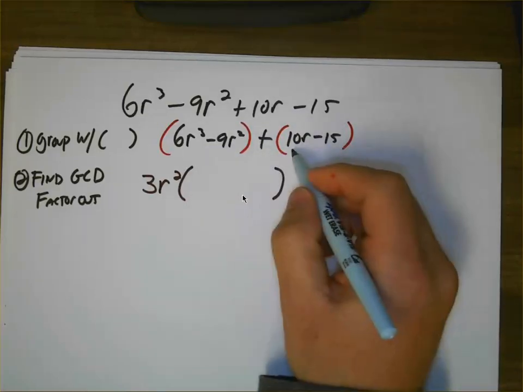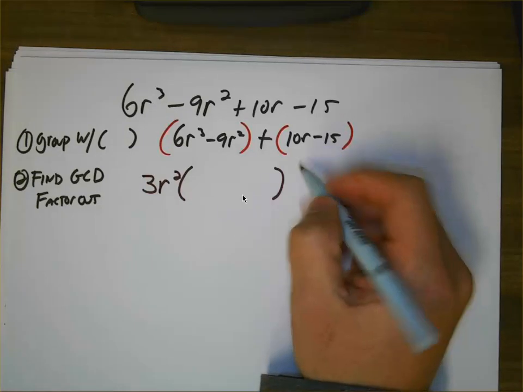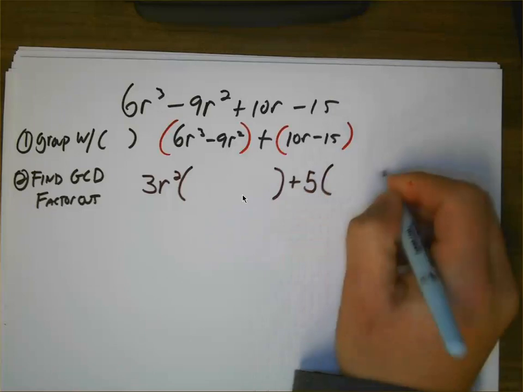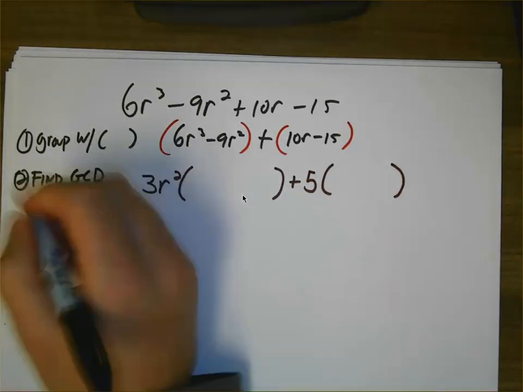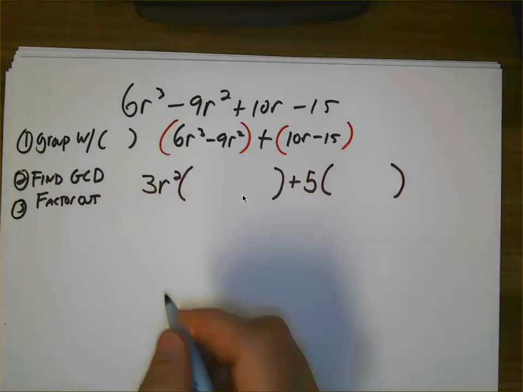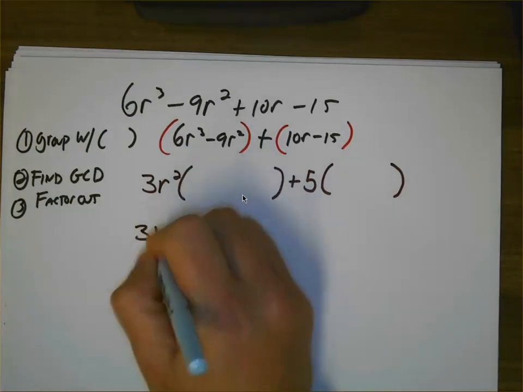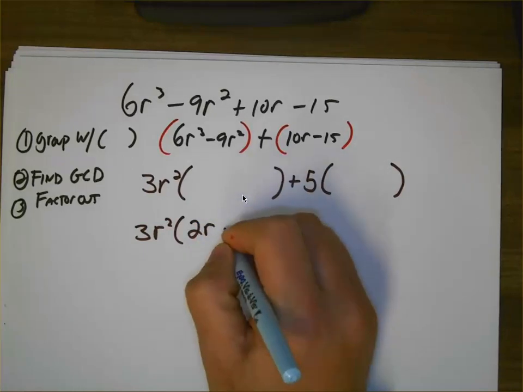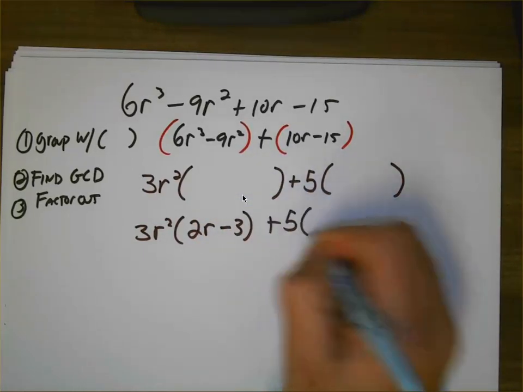And then what's this one? I believe that might be a 5. Now I'm going to find the GCD, and step 3 is factor out. So when we factor it out, we get 3r squared times 2r minus 3 plus 5 times, and then this should be the same thing.